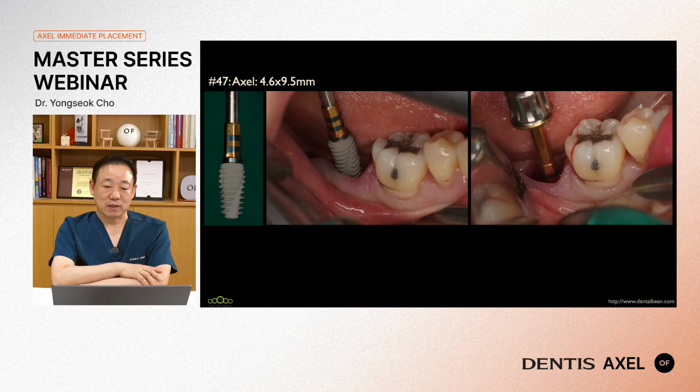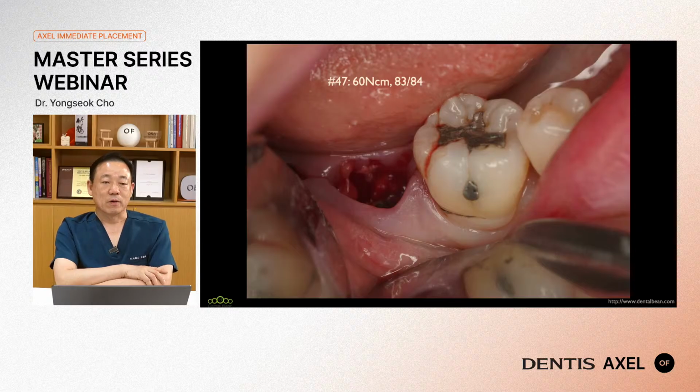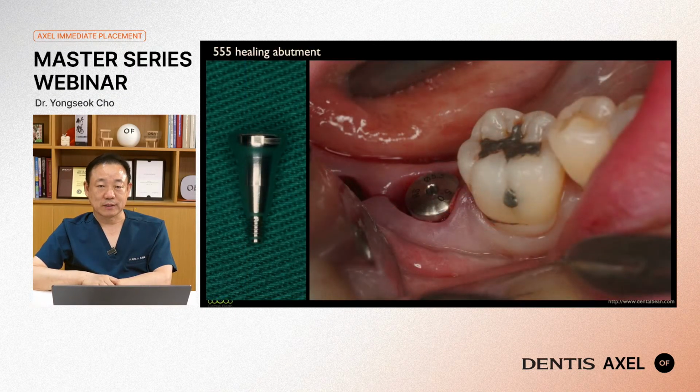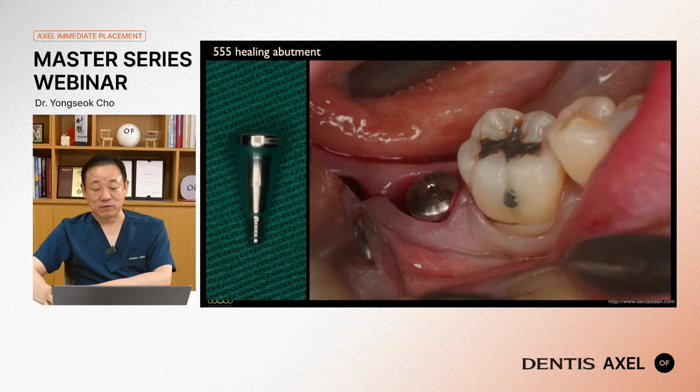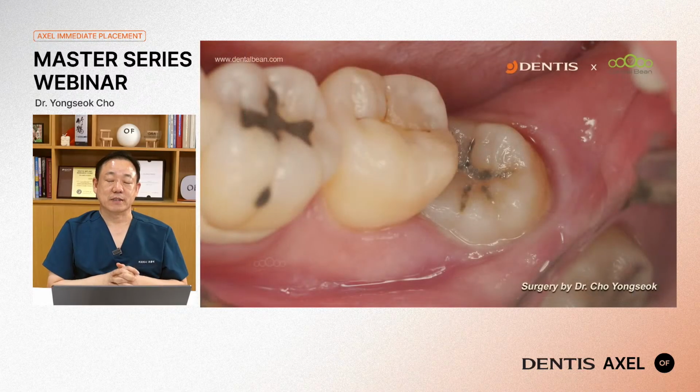Here, the torque was good, 60 Newton centimeter. Also, the ISQ value was high enough. Connect the healing abutment, and finished. Okay, it's my routine job when I have such a relatively simple case, a sound socket, and the surrounding wall is sound. Generally, I finish like this. Okay? Look at the video of this case.